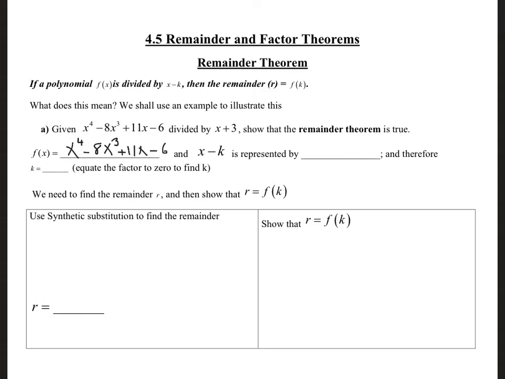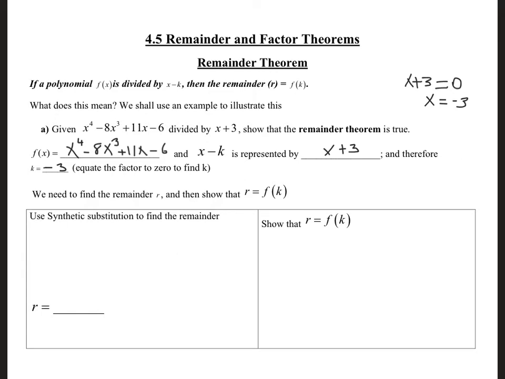And x minus k is represented by x plus 3, because that's what we are dividing by. So that means k is equal to negative 3, which I get by equating x plus 3 to 0. So I get x is equal to negative 3.